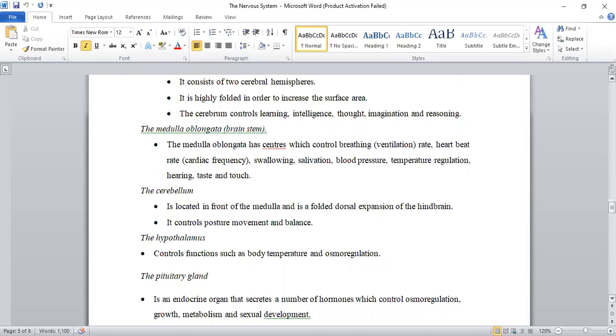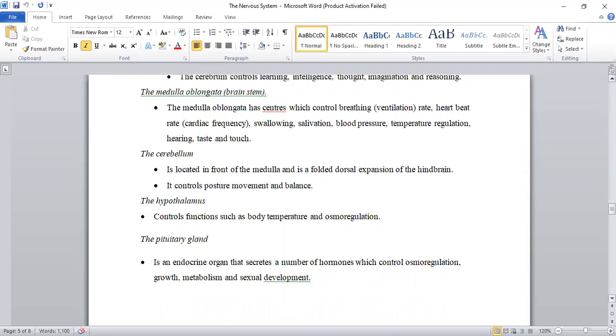Then we have an endocrine part, that is the pituitary gland. Why am I calling it endocrine? It's an endocrine organ because it is able to secrete. Its secretion is released directly to the bloodstream, and then it goes to different organs, as in it acts on different organs. For example, the pituitary gland secretes hormones, and one of these hormones regulates sexual development.